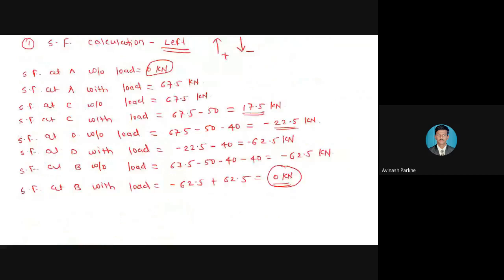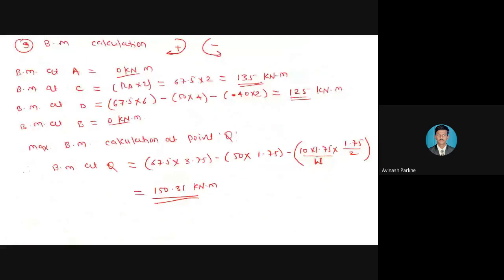I have converted that UDL into a point load, that is 10 into 1.75. This is the W, and it will act at the center, therefore 1.75 divided by 2. You will get the bending moment at point Q equal to 150.31 kilonewton meter, which represents the maximum bending moment.